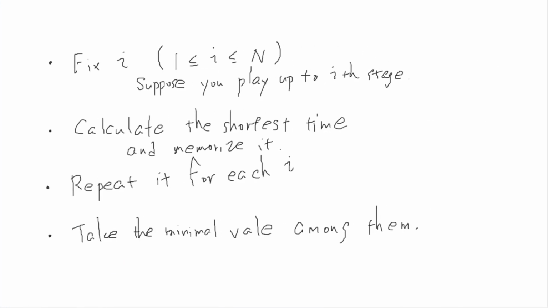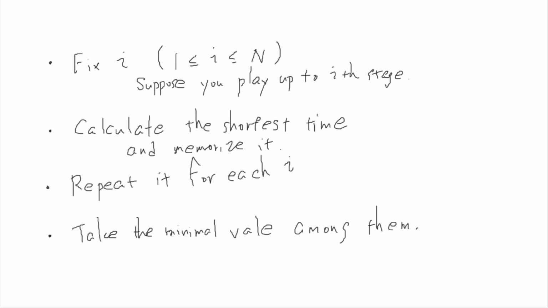So let's summarize the algorithm. First, fix i between 1 and N. This means you suppose you play up to the i-th stage, and you don't play after the i plus one stage.